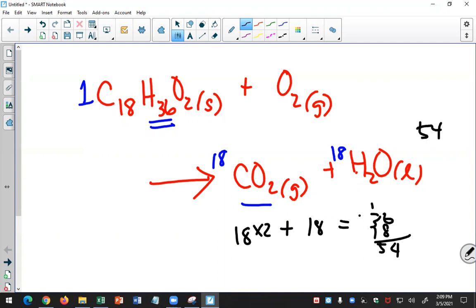How many oxygens do I have on the left? 2 over here. So how many oxygens do I need here? 52 divided by 2. So I need 26 O2. Okay, so that's my balanced equation. 26 oxygens, 18 carbon dioxides, and 18 water.